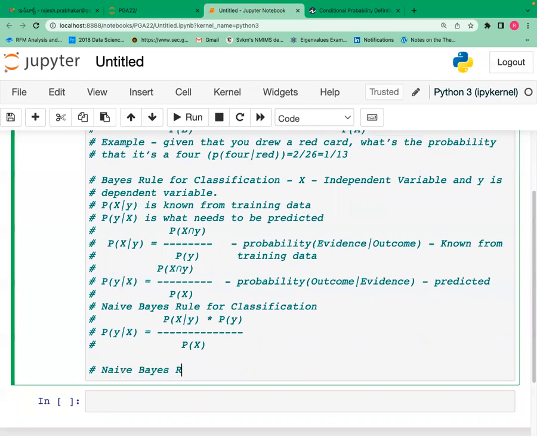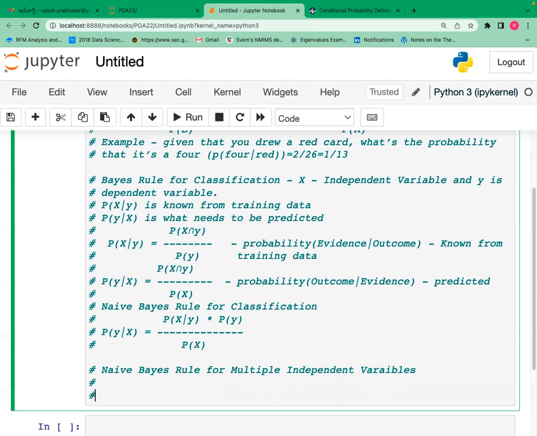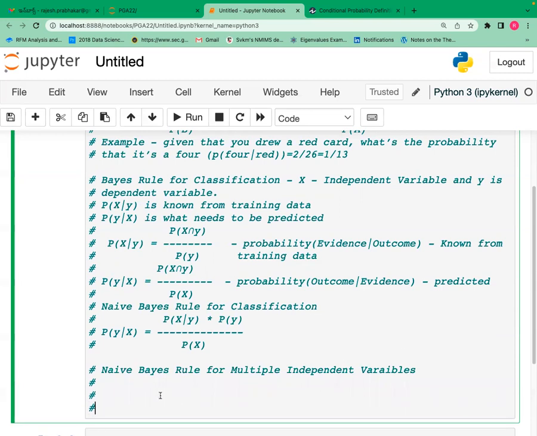Naive Bayes rule for multiple independent variables. The probability of y is equal to k. What is k here? K is the level in the dependent variable. Level can be 0 or 1.